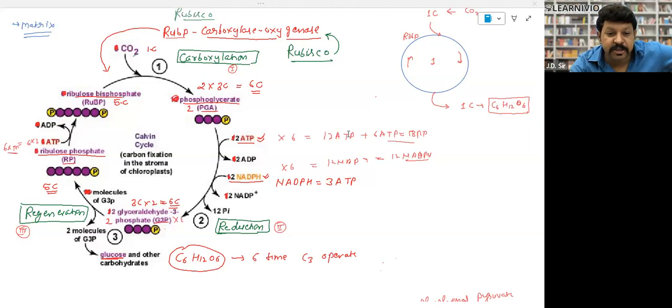No, not PGA. PGA is the first compound. Carbon dioxide is received by RUBP. So RUBP is the primary acceptor of carbon dioxide. That is the question of need. RUBP is the first acceptor. PGA is the first stable compound of the C3 cycle. Note down right now.